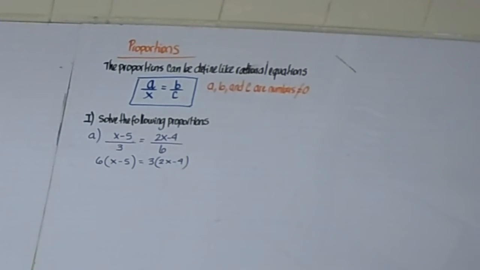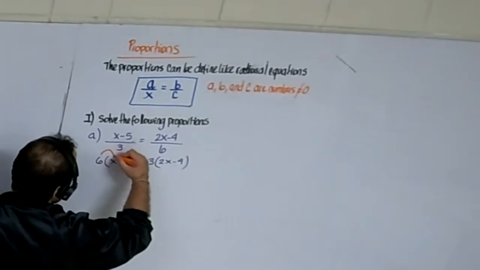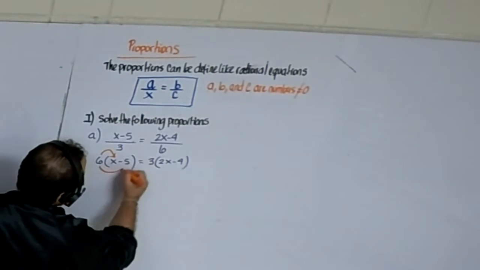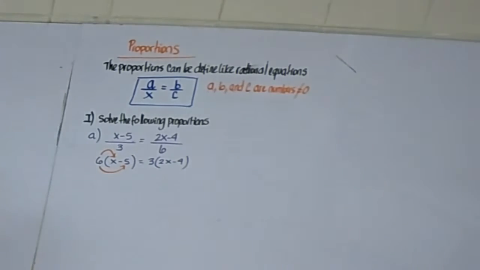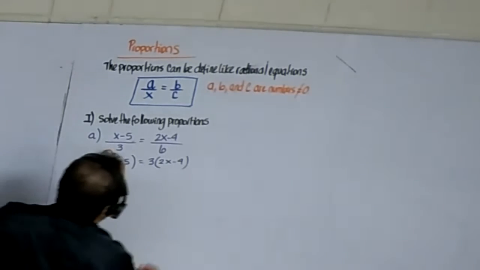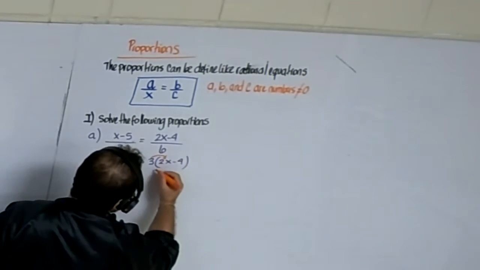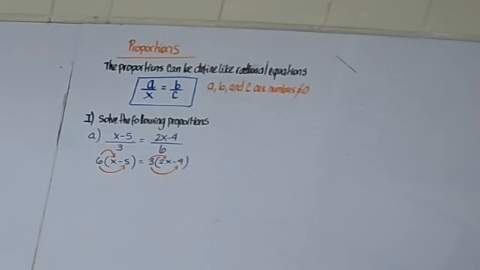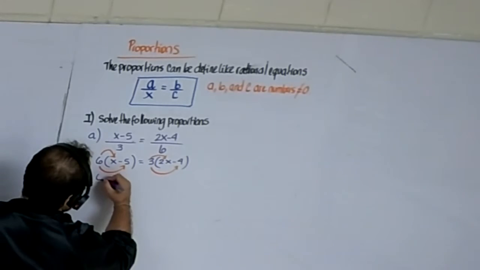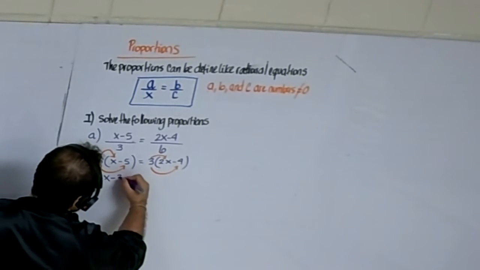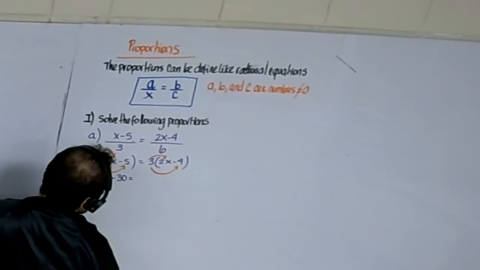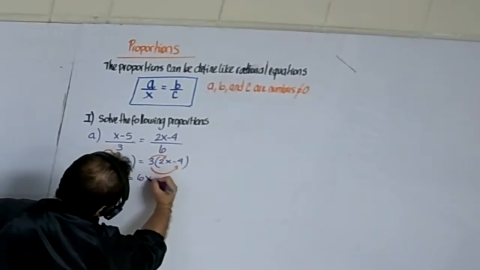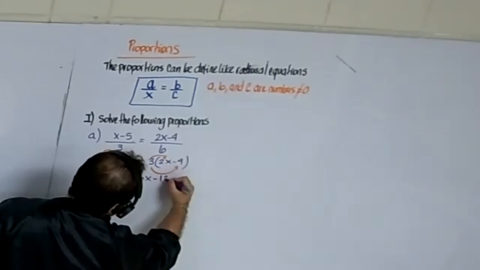What will be the second one? We have to apply the distributive property. I mean, 6 multiplied by x and 6 multiplied by negative 5. Also, 3 multiplied by 2x and 3 multiplied by negative 4. What will be the result? We get 6x minus 30 equal to 6x minus 12.